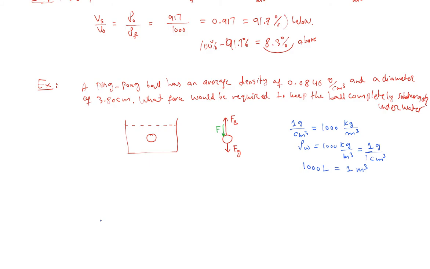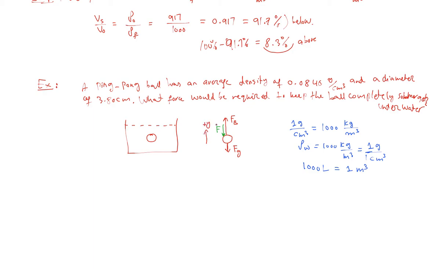Okay, so now let's determine this force. So we need to keep the ping pong ball from coming to the surface. Okay, so the net force must be 0. So in this case, let's choose upward to be the plus y direction. Okay.